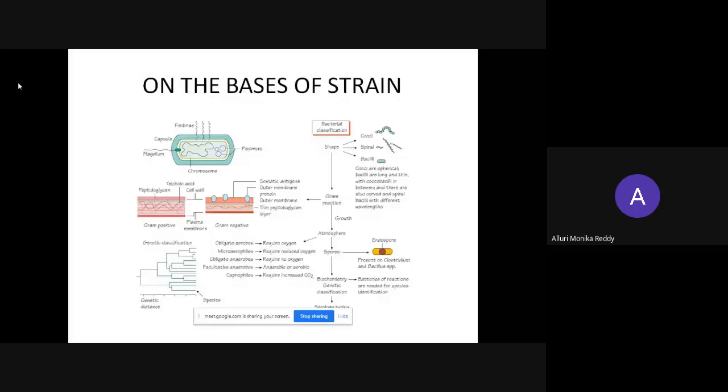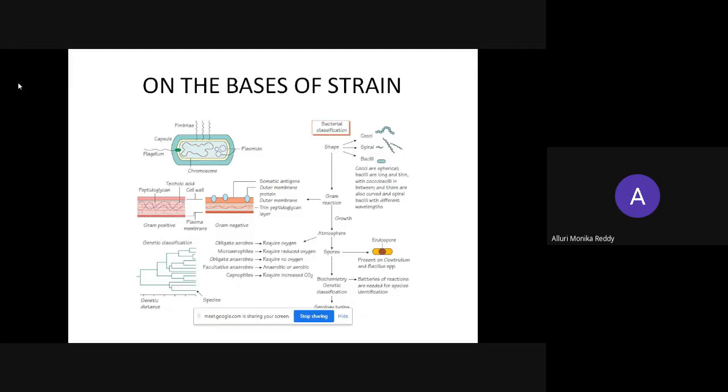On the basis of staining, the main factor in the staining technique is the peptidoglycan layer in the bacterial cell wall, which is present in both gram positive and gram negative bacteria. Gram positive bacteria have a thick layer of peptidoglycan, while gram negative bacteria have a very thin layer.